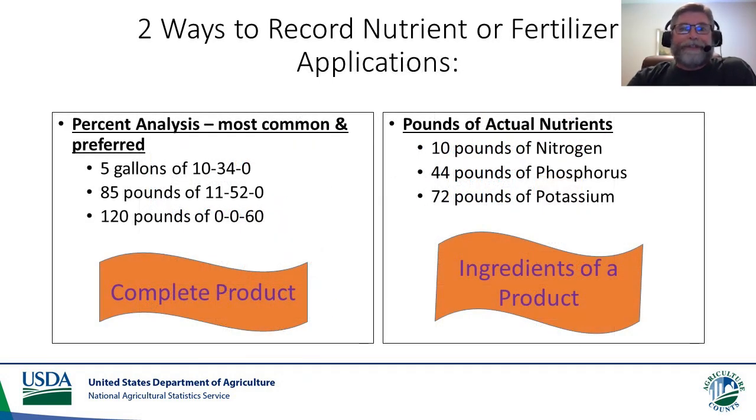So in summary, percent analysis is that complete fertilizer product recorded with either pounds or gallons of that complete fertilizer product. Pounds of actual nutrients is like the ingredients to a complete product. In this case, the nitrogen, phosphorus, potassium, and sulfur.